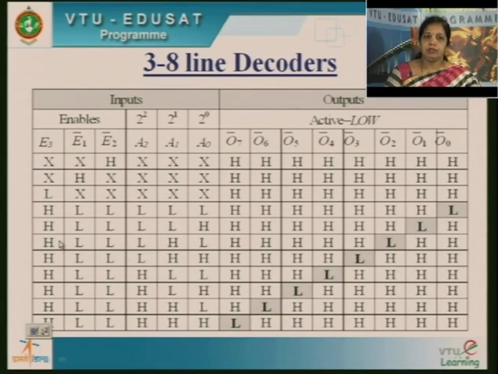Similarly, if you take the second combination, it is 1 0 0, so it will be O1. So you can just see you are getting the active low output based on these 3 input lines plus enable lines. So these are the combinations that I am going to generate using the 74138 decoder. So this decoder has got 3 enable pins.